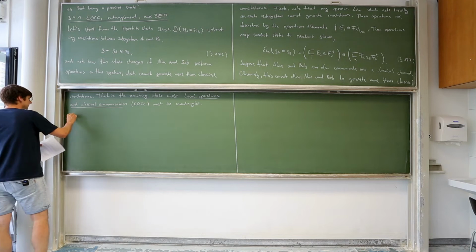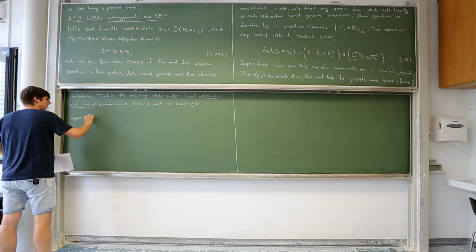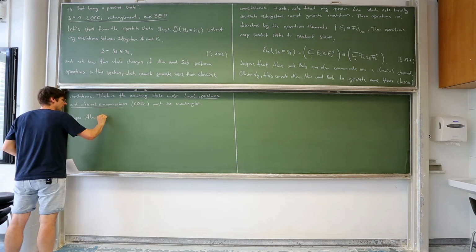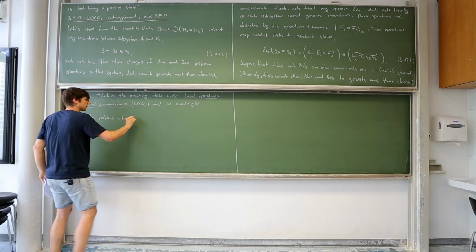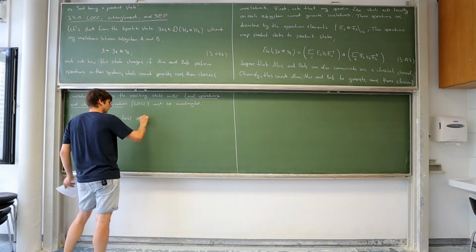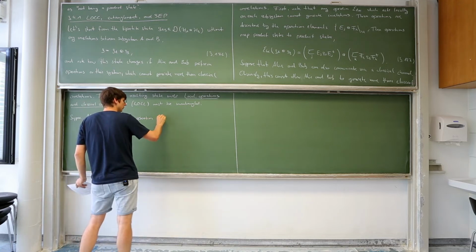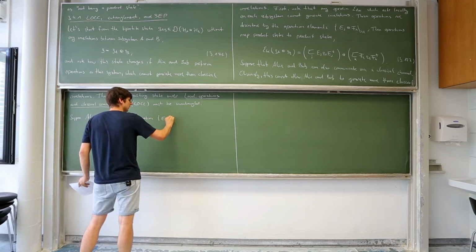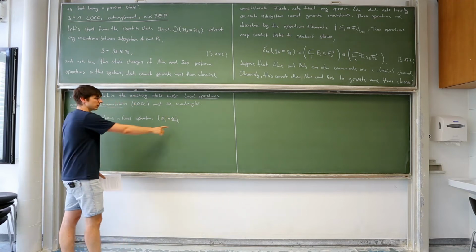So suppose Alice performs a local measurement or a local operation. You can think of a measurement, and this local operation is then E_J tensor identity, because there's nothing happening in Bob's system.